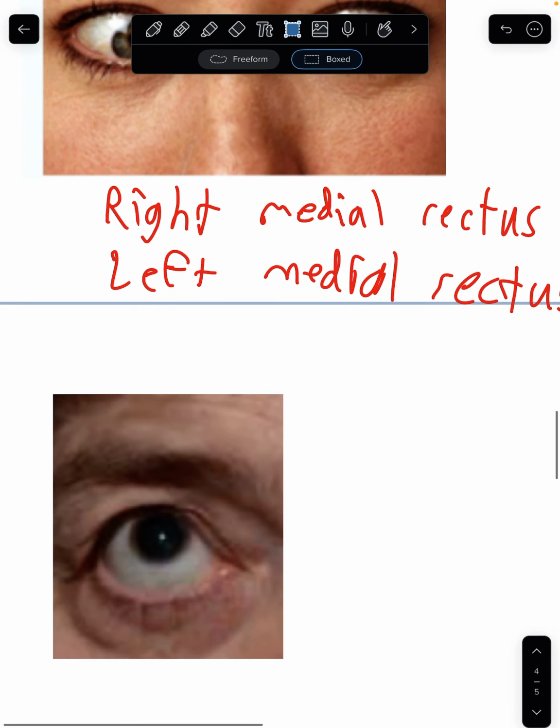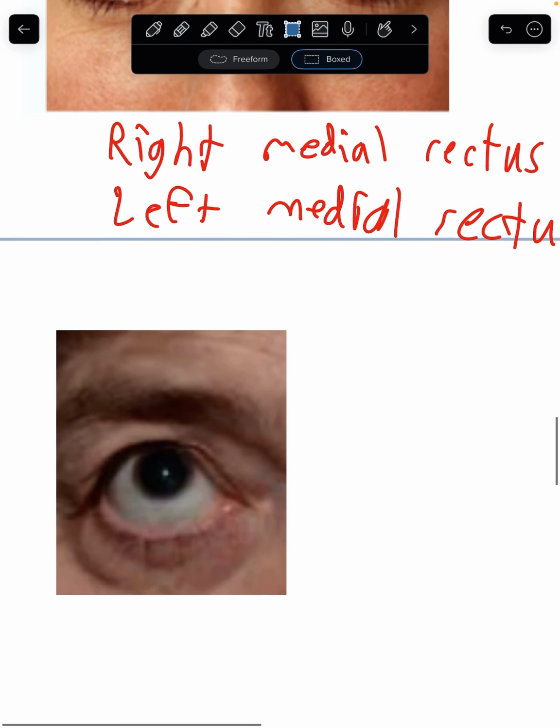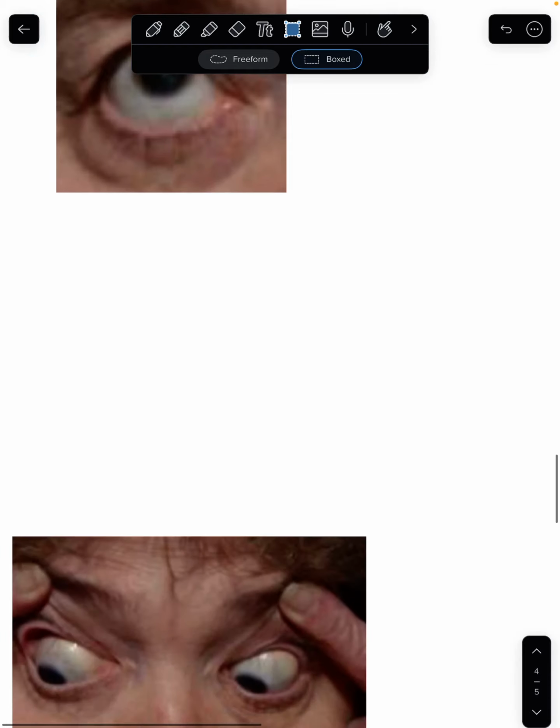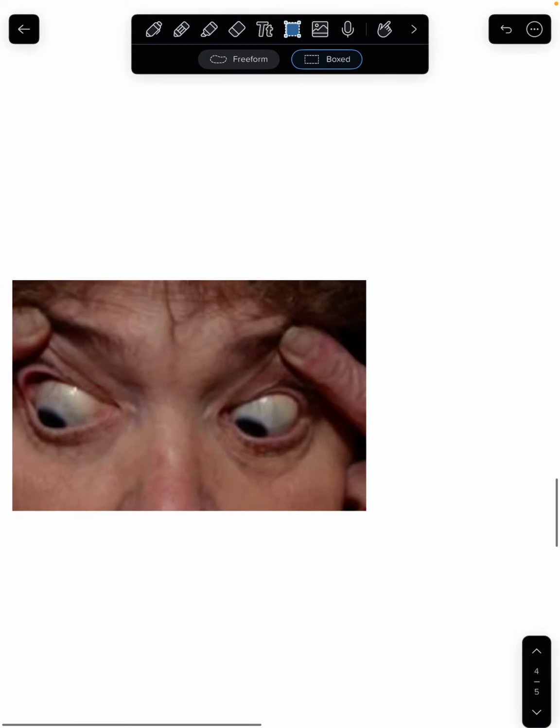And the last thing I want to touch on is Hering's and Sherrington's law. So let's talk about Hering's law first. Hering's law is just saying that if one eye is looking in a particular direction, the opposite eye is getting equal innervation to look in the same direction. So in this case, the patient's looking down and to their right. So the right eye is a little bit more temporal.